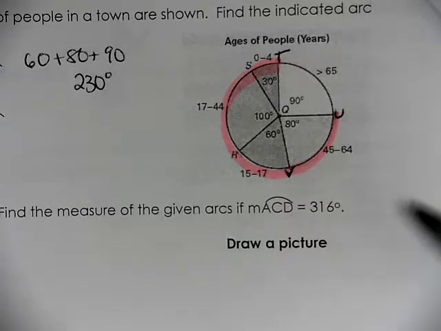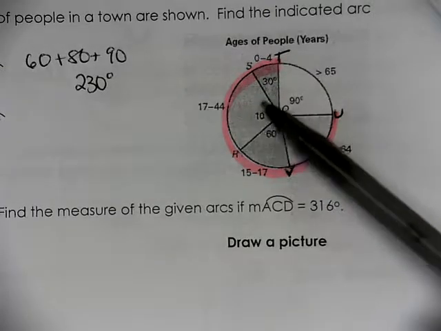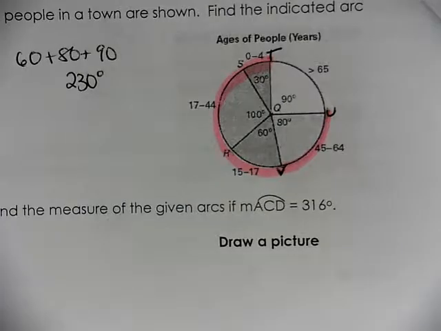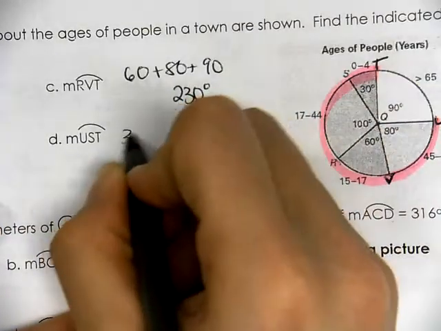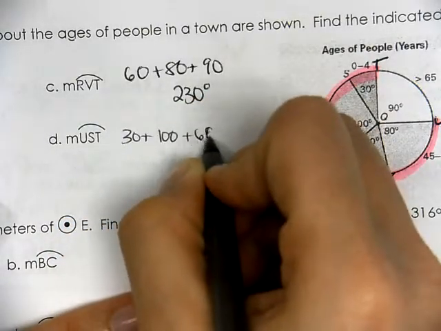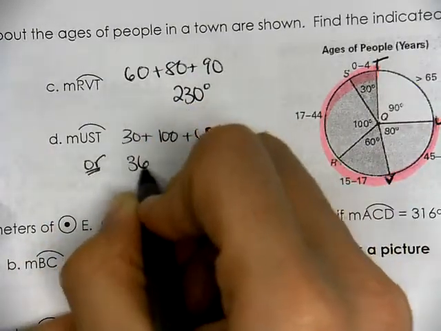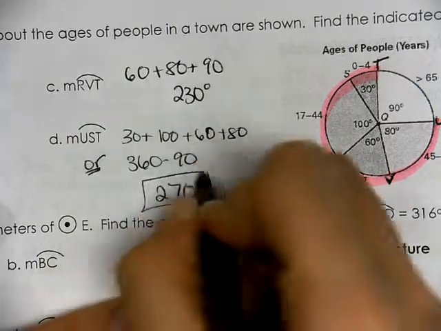What is it? 270. You can either add up all 4 of these, or you can take 360 minus the 90. So you can either do 30 plus 100 plus 60 plus 80, or you can do 360 minus 90. Either way, you should get 270.